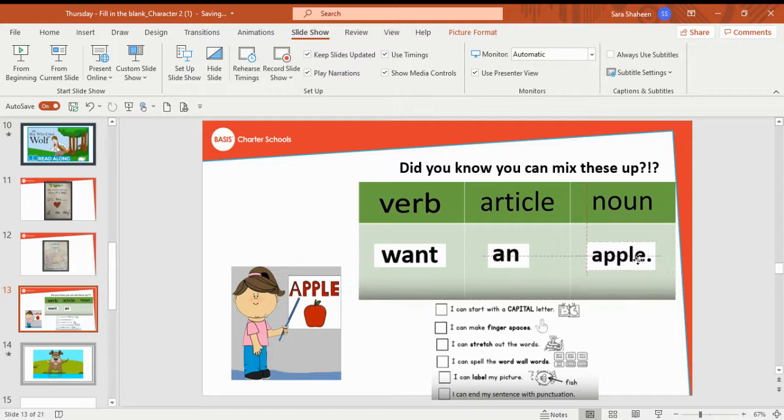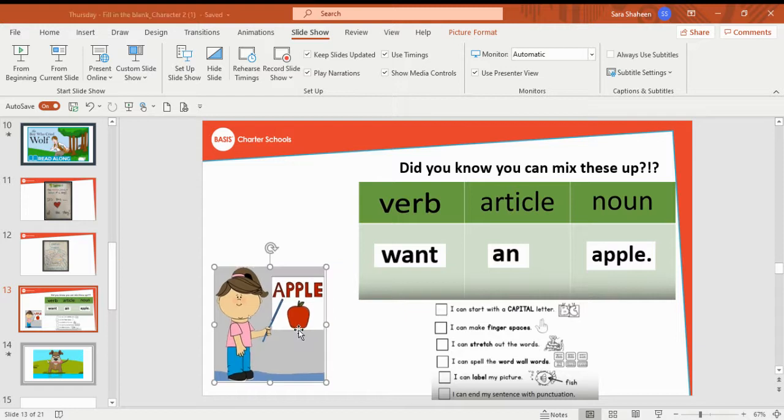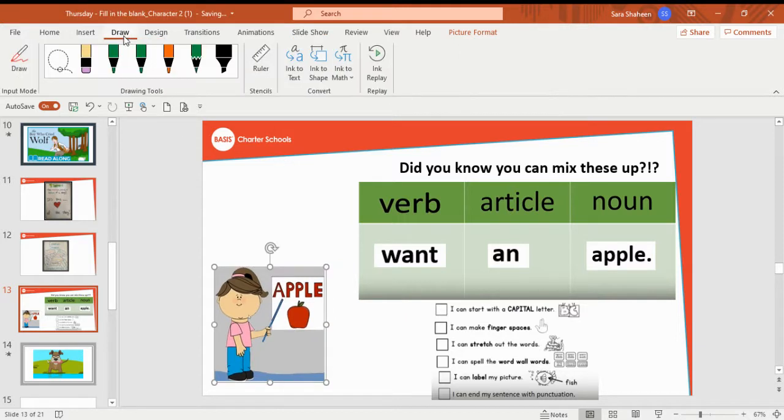So let's look at the sentence we created here. Want an apple. We have our verb, our article, our noun. It has punctuation, but what are we missing?